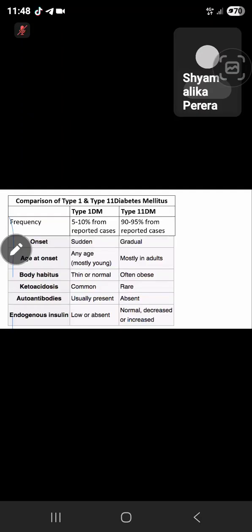When we think about the onset, the appearance of this disease, type 1 appears suddenly, but type 2 gradually develops inside your body. And age: you can have type 1 diabetes at any age, most of the time at a young age. Type 2 mostly appears in adult ages.